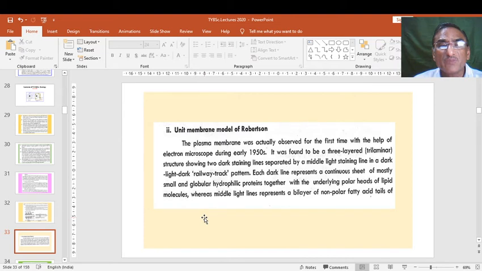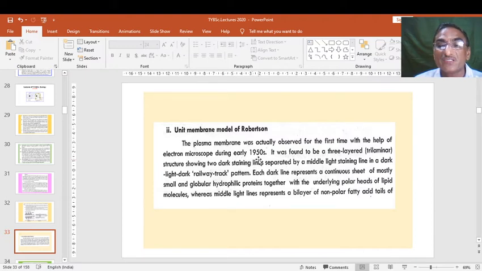So in the unit membrane model, there are only two topics we have to study here. First we have seen the Danielli-Davson model, and second is the unit membrane model of Robertson. In this model, the plasma membrane was actually observed for the first time with the help of the electron microscope during the early period of 1950.